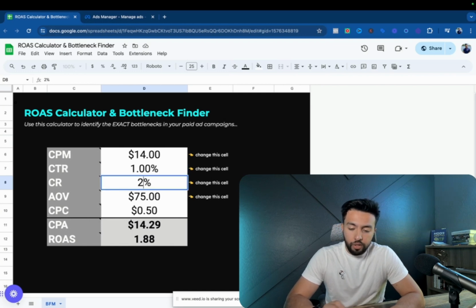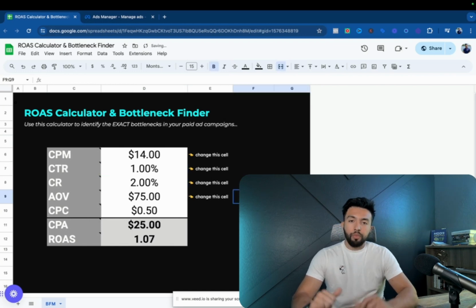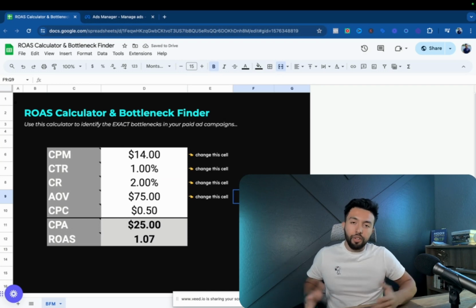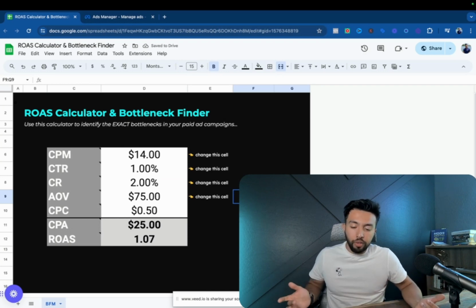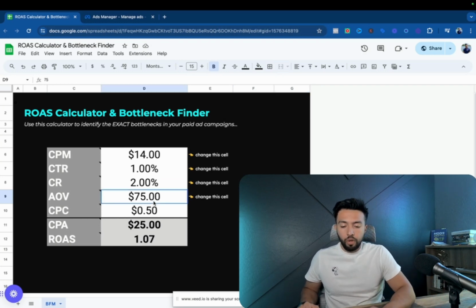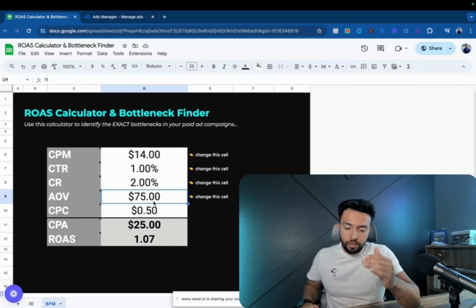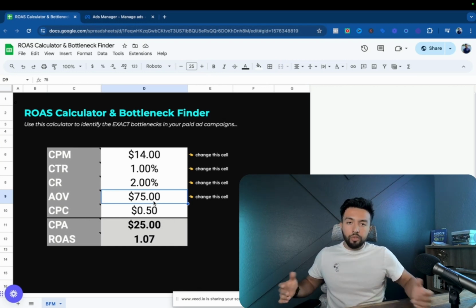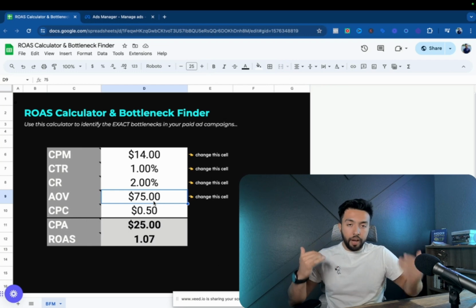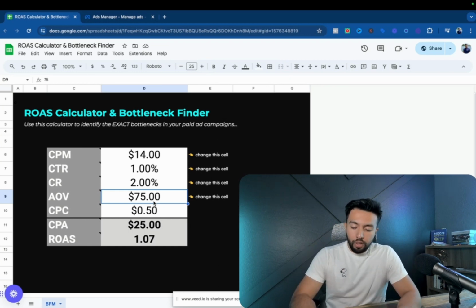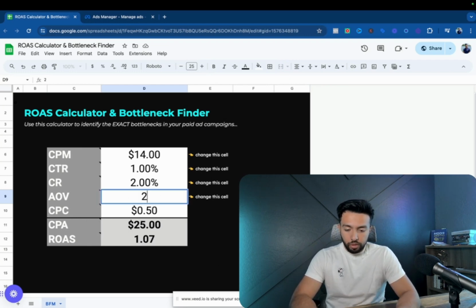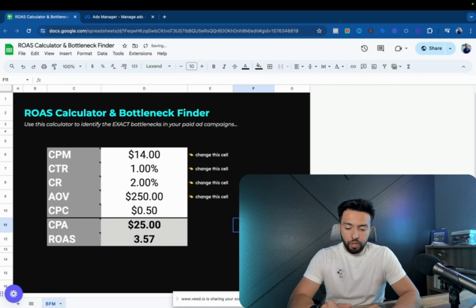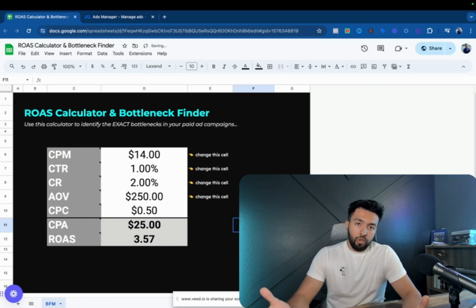And then your conversion rate, let's say it's 2%, a bad product page. Then you're just breaking even with these numbers. Let's just say these numbers stay the same, but you have one of those higher average order value products, let's say $250, and then it looks better, right?